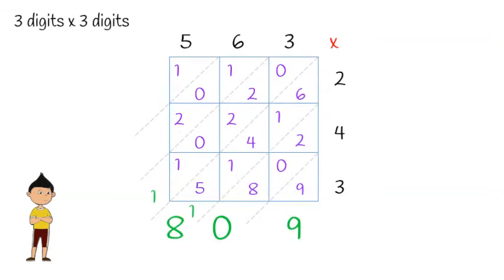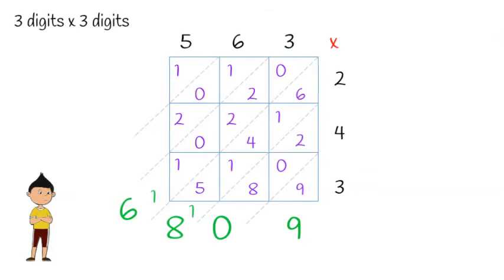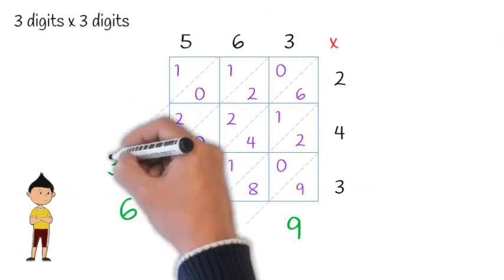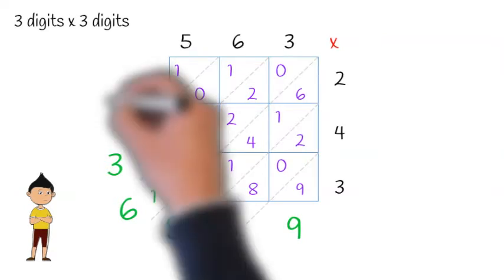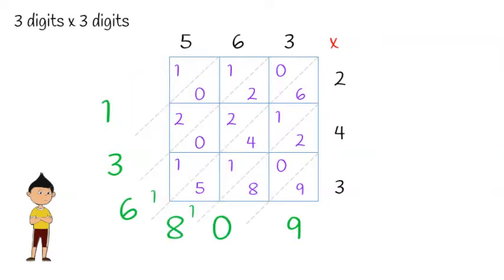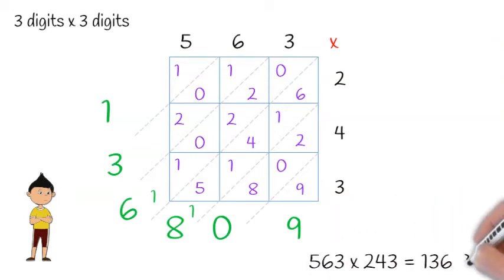Then we have 0 plus 2 plus 2 plus 0 plus 1. And the 1 we carried is 6. Then 1 plus 2 is 3. And finally we just have 1 at the top. So there we have it. 563 times 243 is 136,809.